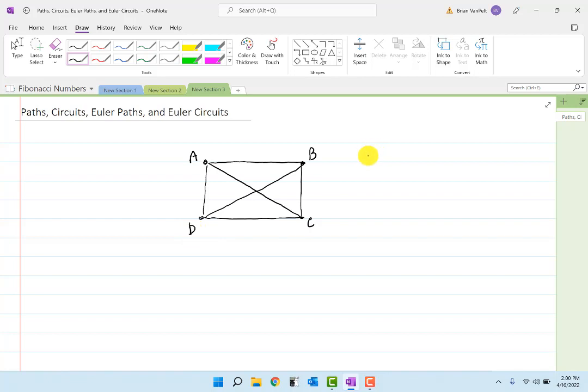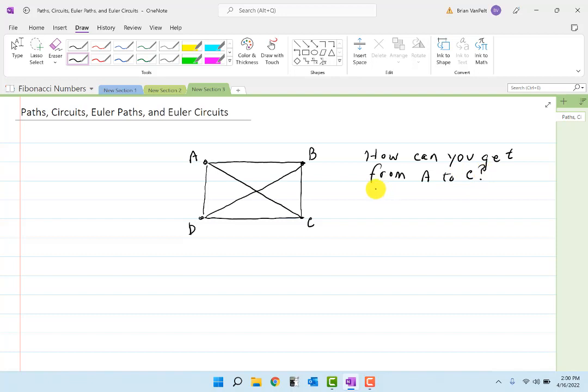Now, how can you get from A to C? There's more than one way to do it.